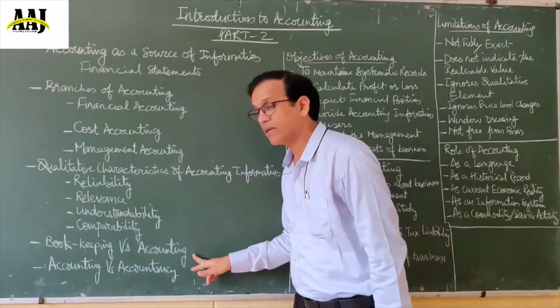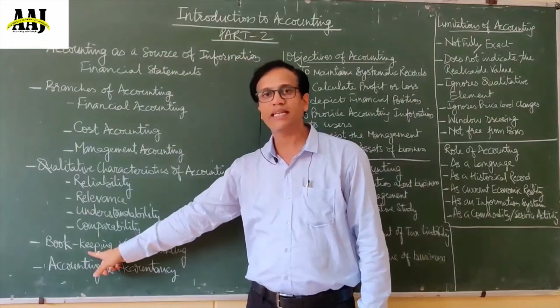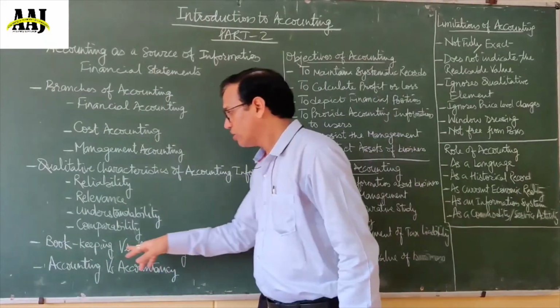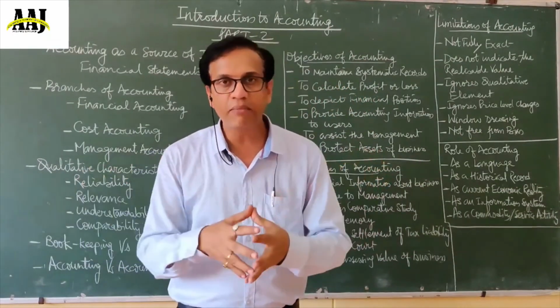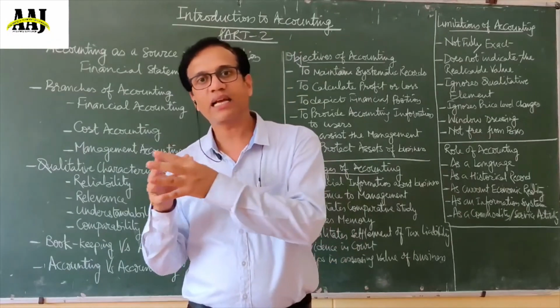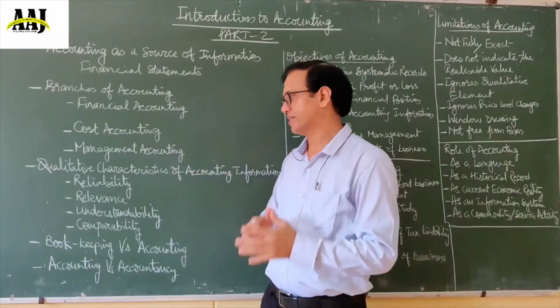And here we prepare financial statements. That means financial accounting has in it bookkeeping and accounting both. So bookkeeping and accounting are two terms. Bookkeeping is the part of accounting, whereas accounting starts where bookkeeping ends.